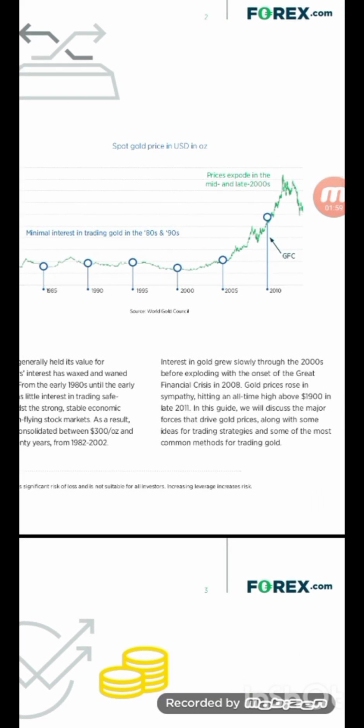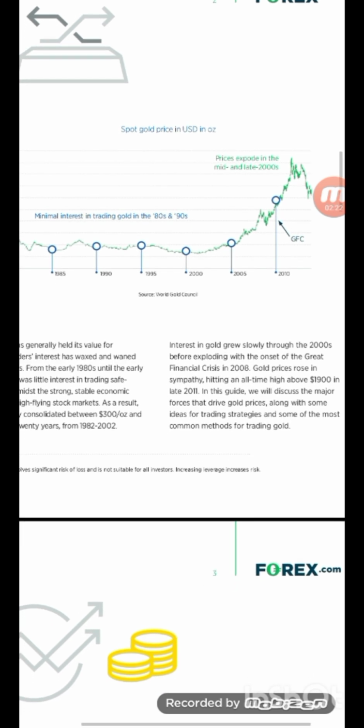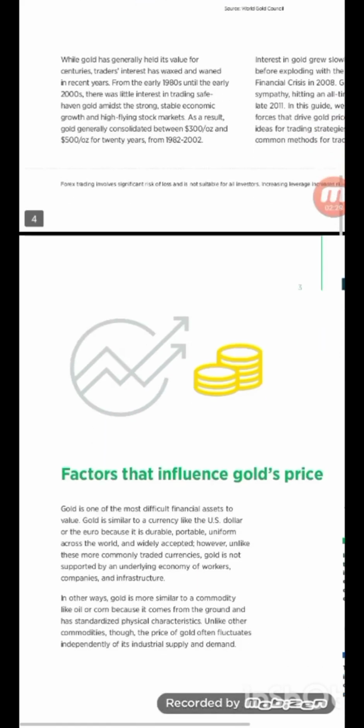Interest in gold grew slowly through the 2000s before exploding with the onset of the Great Financial Crisis in 2008. Gold price rose in sympathy, hitting an all-time high above $1,900 in late 2011. In this guide, we will discuss the major forces that drive gold price, along with some ideas of trading strategies and some of the most common methods of trading gold.